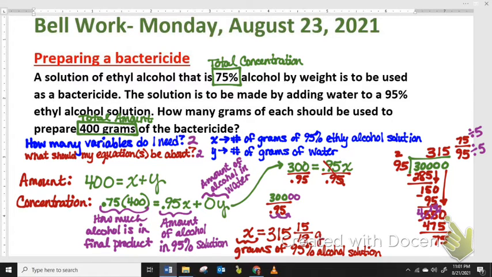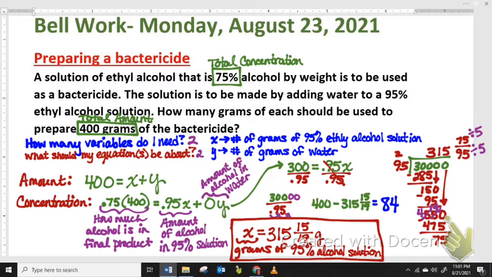I need this many grams of the alcohol. Altogether, I want how much? 400. So if I do 400 minus this 315 and 15 over 19, that will give me how many grams of water I need. Let's see. That's almost 316. What's 400 minus 316? 84.